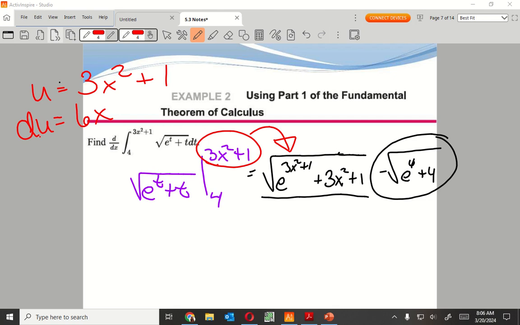So this is the problem that we did on Monday. Everything else was correct, but I forgot this last little piece, the du part.